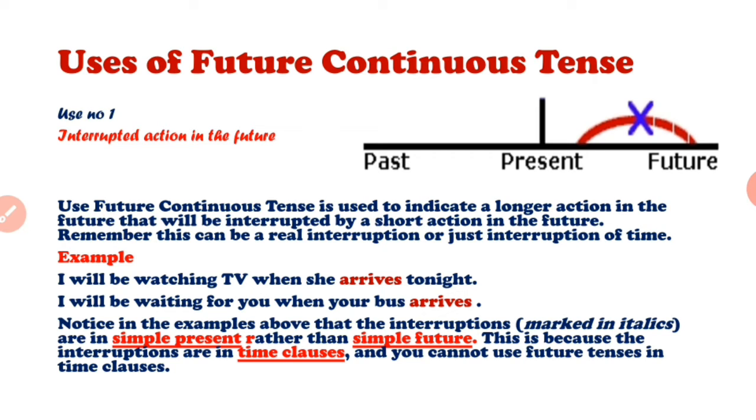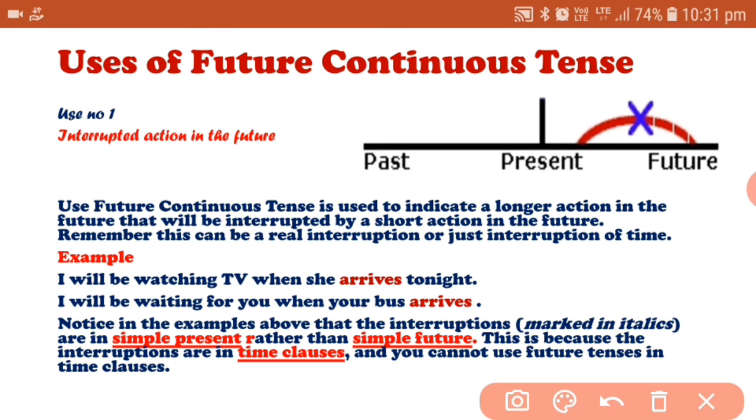Future continuous is used to indicate a longer action. Students, here it's not written the use of future continuous tense, or we can directly say future continuous tense is used, then no need to write here use.